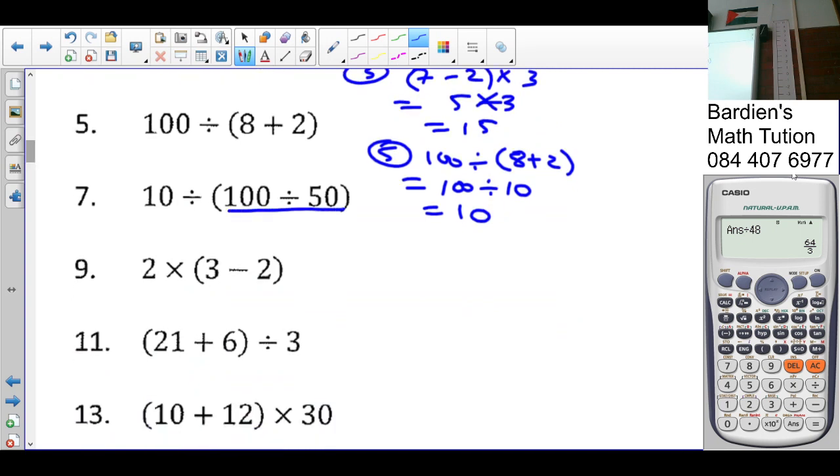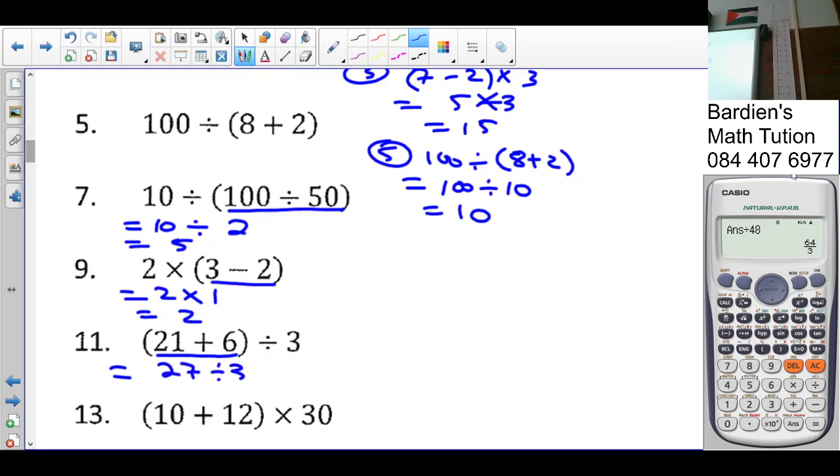Yes. Number 7 is going to be 10 divided by 50 goes into 100 twice. 10 divided by 2 is 5. Number 9, 3 minus 2 is 1. Gives you 2. The next one is 27 divided by 3.